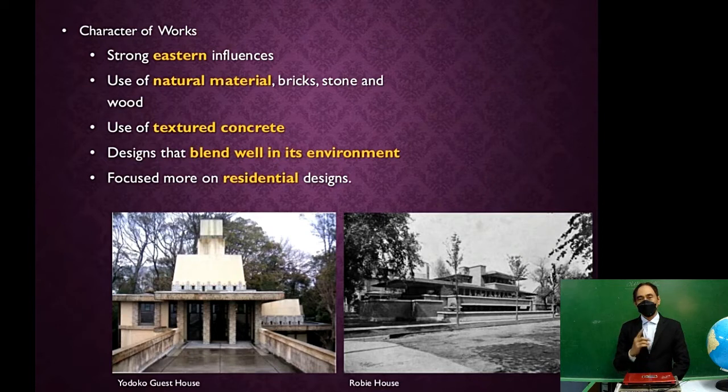Character of works: strong Eastern influences, use of natural material like brick, stone, and wood, the use of textured concrete, designs that blend well with the environment, focus more on residential designs.